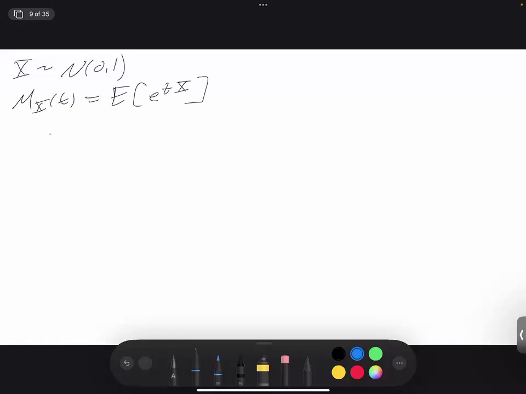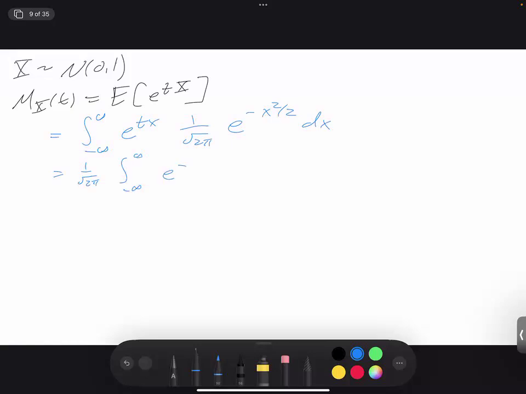So this is going to be the integral from minus infinity to infinity of e to the tx times 1 over square root of 2 pi times e to the negative x squared over 2 dx. Well, I can pull out the square root of 2 pi. That's not so bad. I have an integral from minus infinity to infinity.